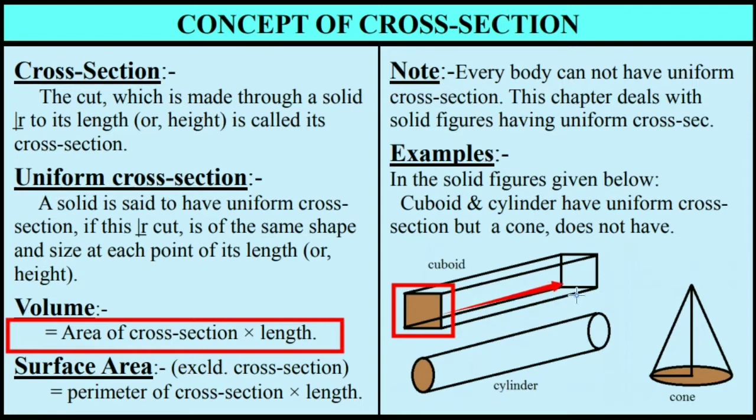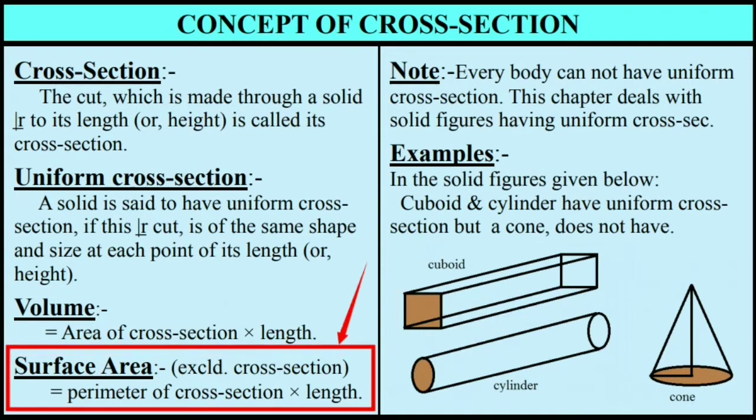So the area of cross section multiplied by its length is the volume of the cuboid. Next term is surface area excluding cross section. That is the perimeter of the cross section multiplied by its length. And this surface area is the surface area of the object excluding the area of cross section.